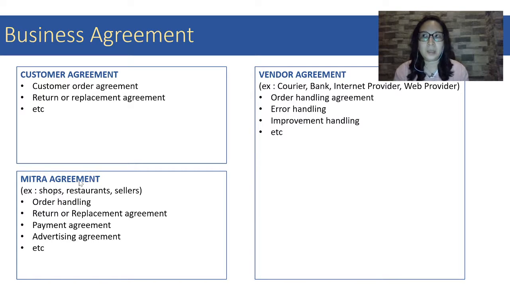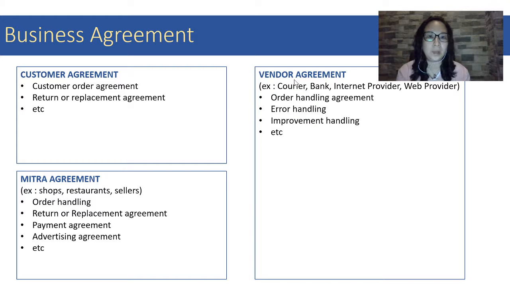For example, when we do GoFood, our mitra is the shop, restaurant, or seller, and the courier can also be included here. The vendor here is different: if you use JNA and the courier is your mitra, it goes to the mitra agreement.